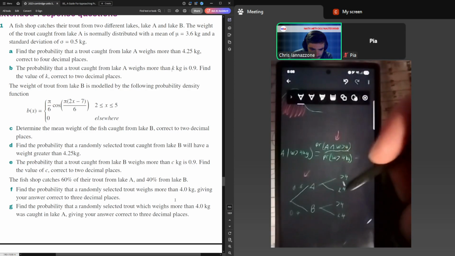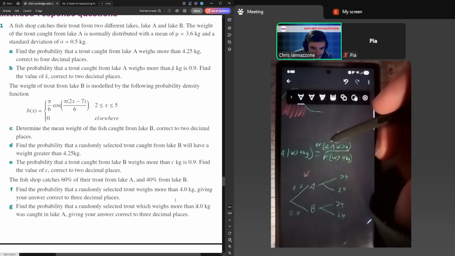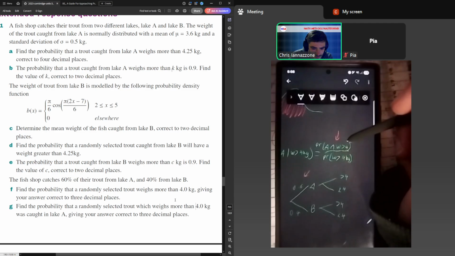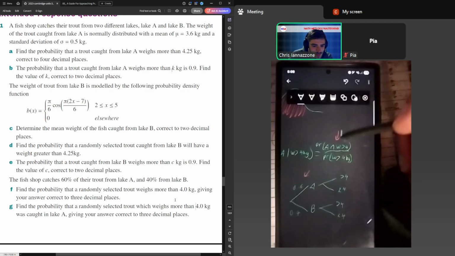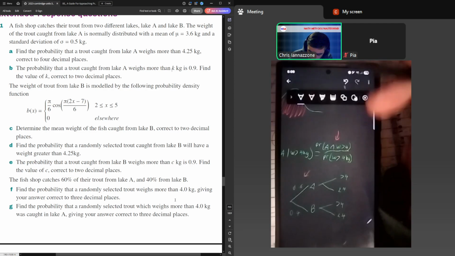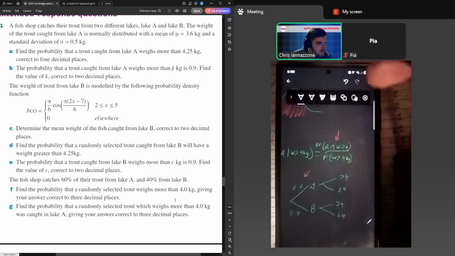Because before thinking about tree diagrams, I was kind of thinking, well, okay, A intersection weight greater than 4 just means when we calculated weight being greater than 4 for normal distribution. But the fallacy in that is that's actually a conditional probability. Right, like if we just use the answer from part, where was it? Did we even do one?